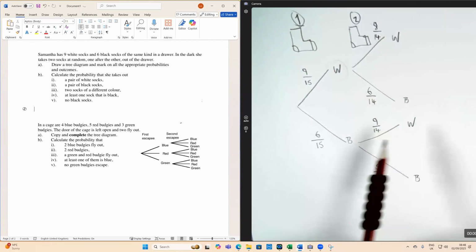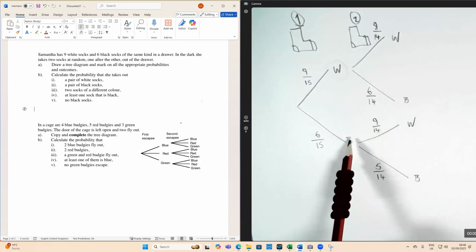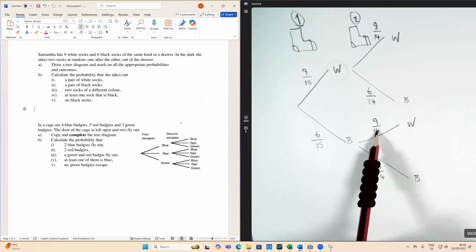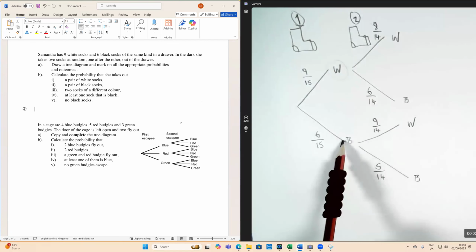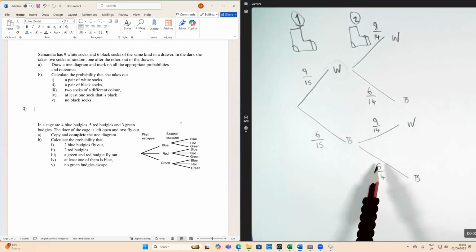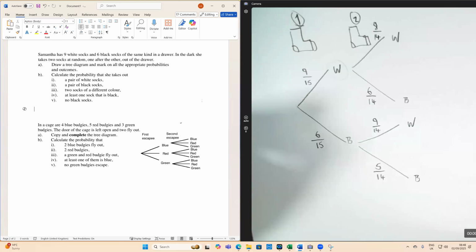Again, if I got a black one first, how many white socks are left in? Still 9. How many socks are there? 14. But if I picked a black one and I go to reach in the second time, how many black socks are in there? Just 5 now. And how many socks? 14. So that's the best way I can think of describing it. So that is our tree diagram complete for the situation.